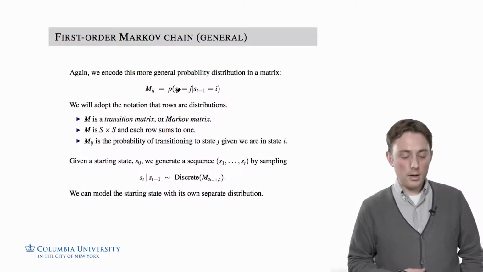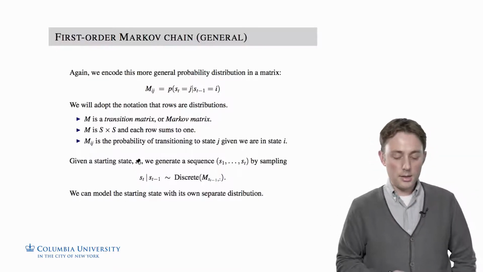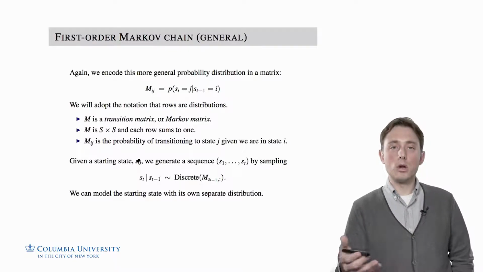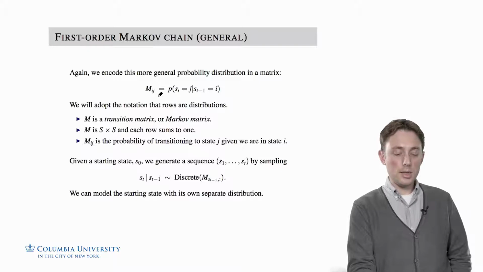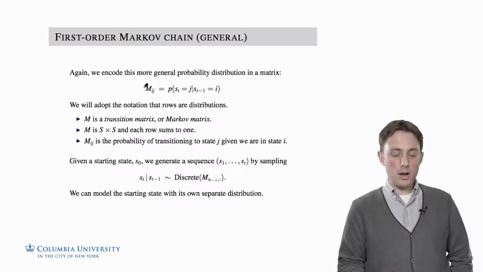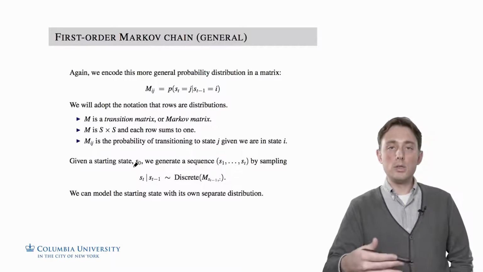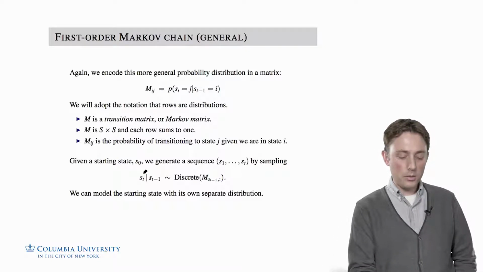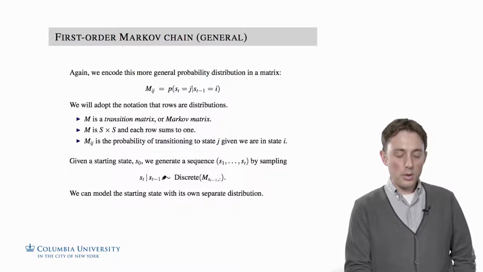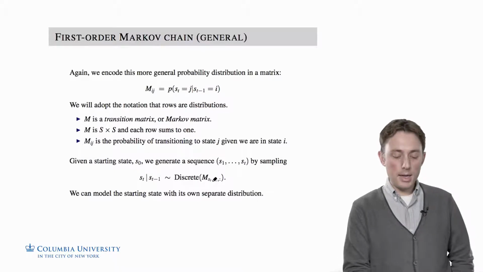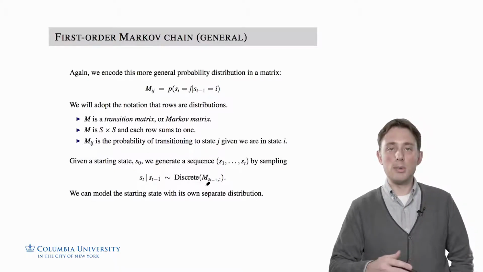And so now, given a starting state, S naught, we can actually generate a sequence, a first order Markov chain on S states using this S by S matrix as follows, where given our starting state, we continue to generate new states where at time t minus 1, we generate the state at time t using a discrete distribution where we pick out the row of the transition matrix M indexed by the state that we're in at time t minus 1.